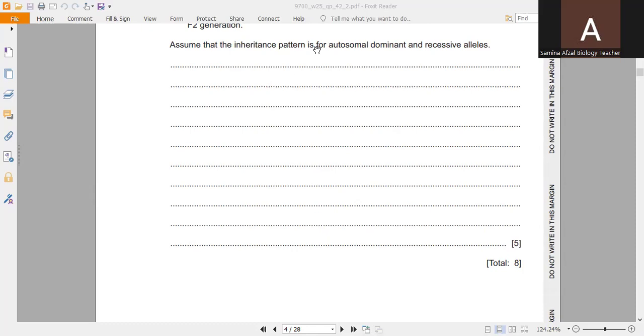So in an autosomal dominant recessive pattern, a cross between two F1 heterozygous yields the following genotype ratio: 25% homozygous dominant, 50% heterozygous, and 25% homozygous recessive. So I would like to write all this not very short, as the question is of 5 marks.